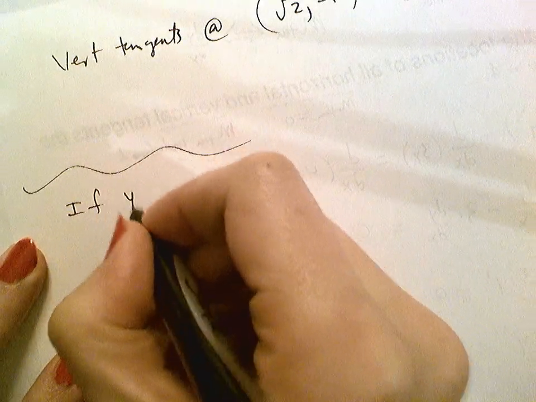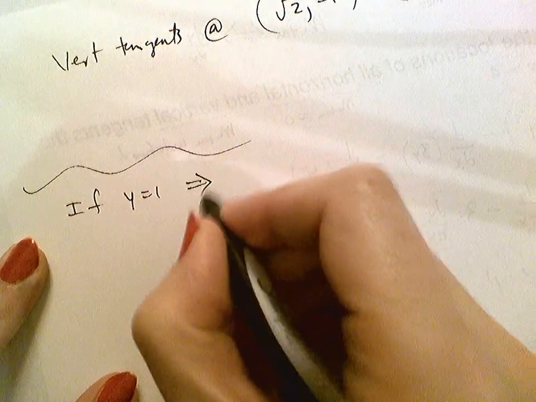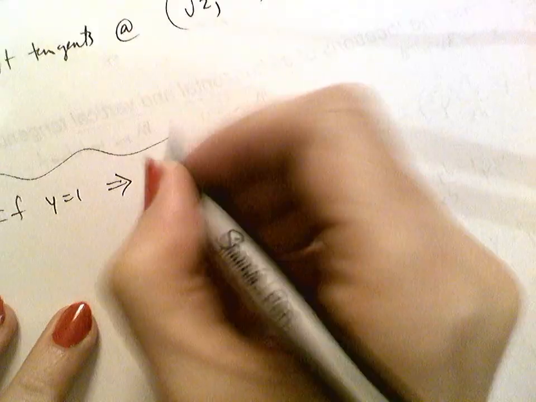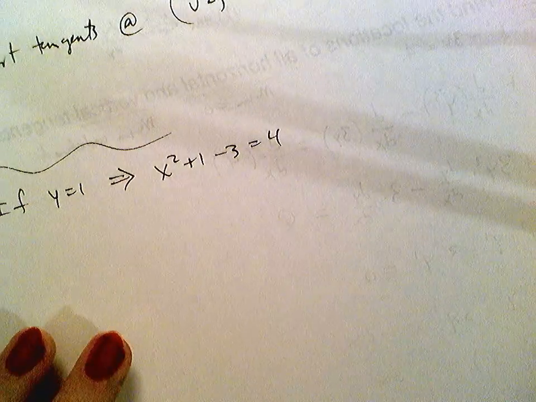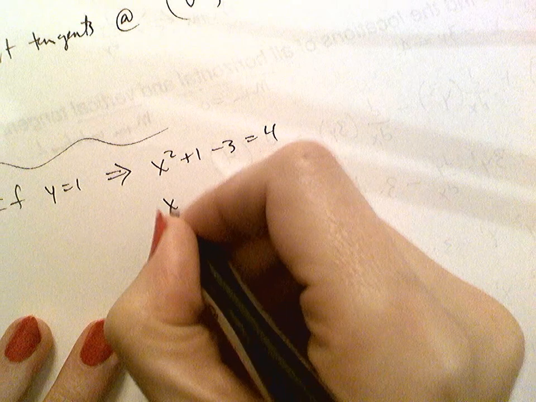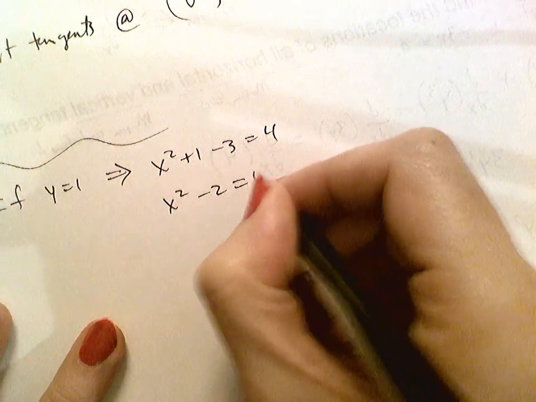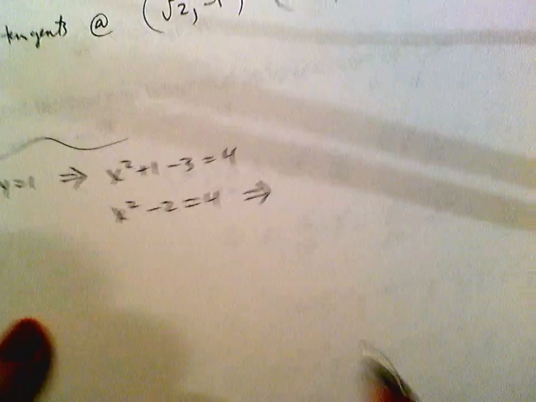Okay, if y equals positive 1, then I'm plugging in positive 1, so I'll have x squared plus 1 minus 3 equals 4. So we'll get x squared minus 2 equals 4.